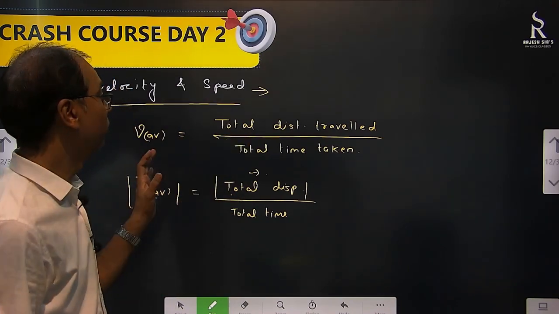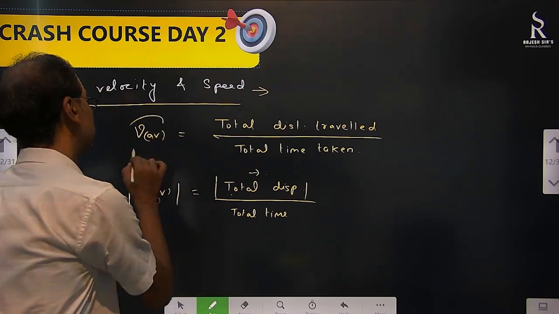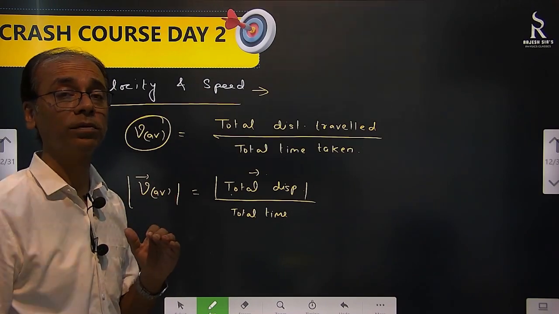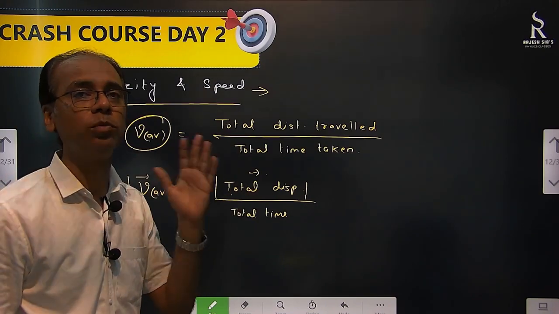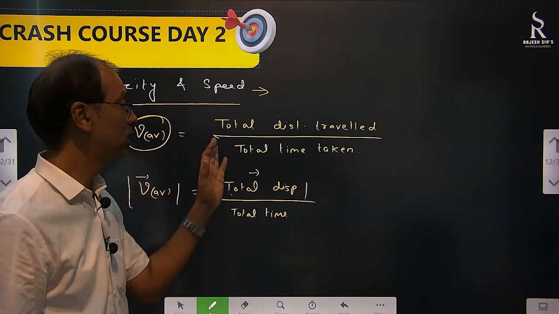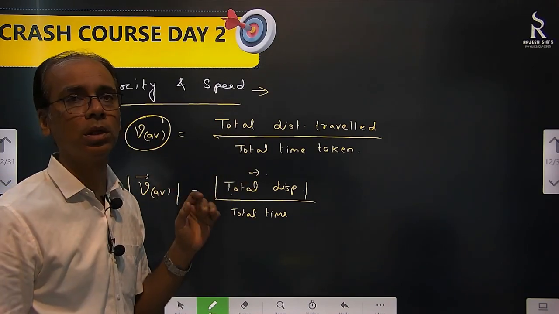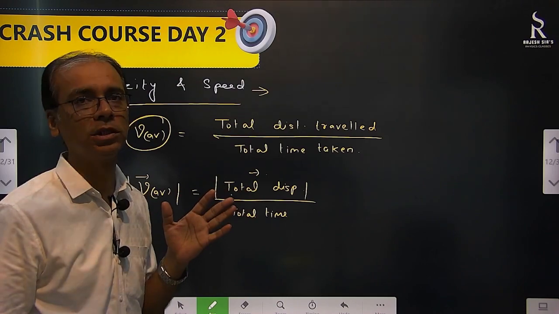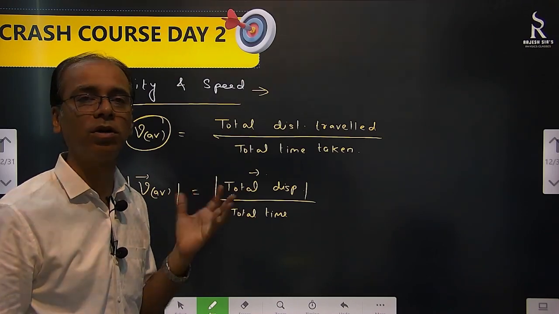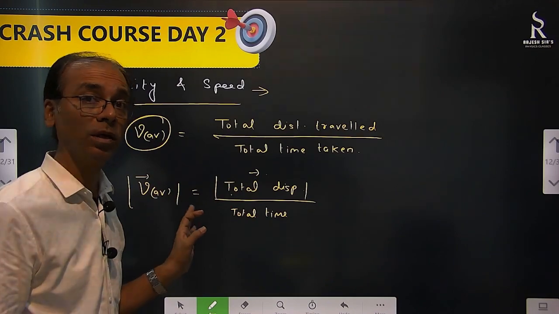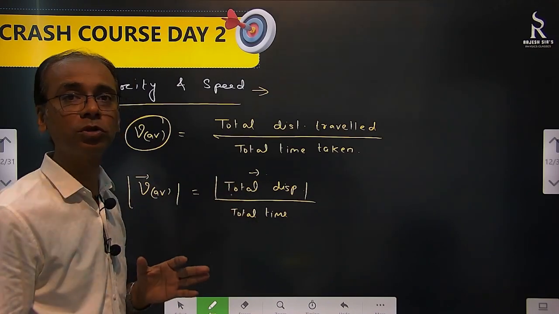Plus, this value of average speed cannot become 0 if the body has started moving. We know that it can't be negative, but it can't be 0 also. If the body has moved from its initial place, the average speed cannot be 0. But this one, the average velocity, can be 0 because you can return to the same position.